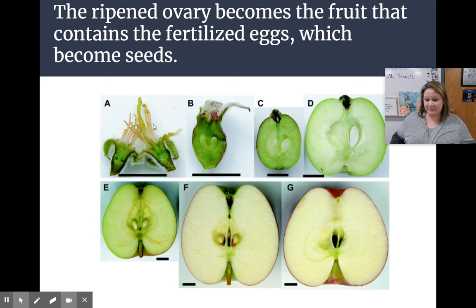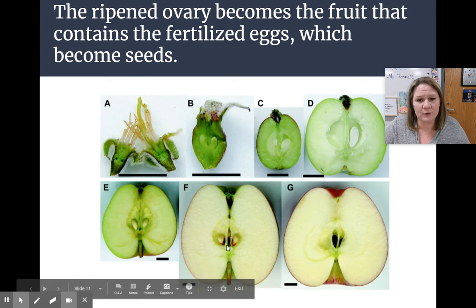It doesn't have to be the same variety of apple. There are lots of varieties of apples, like Honeycrisp and crab apples, but it depends on the tree what kind of other one can fertilize it. Then the ovary begins to grow. The fertilized eggs turn into seeds. The technical definition of a fruit is that it's a ripened ovary.